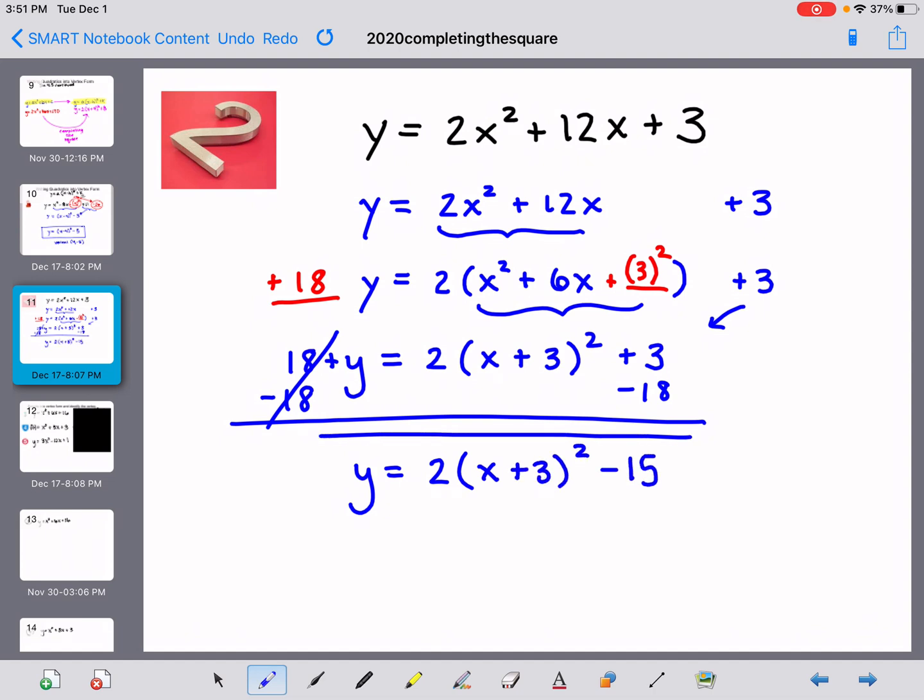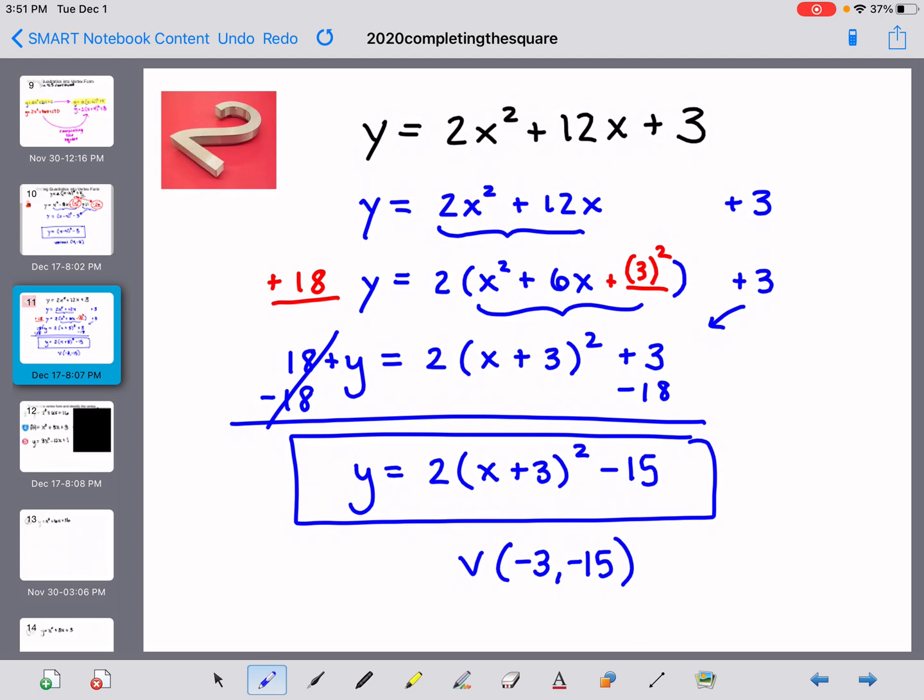And that's my vertex form. Right? The vertex would be -3, -15. It opens up. It has a vertical stretch by a factor of 2, horizontal shift left 3, vertical shift down 15, right? And that's the lesson on rewriting into vertex form, from standard form to vertex form.